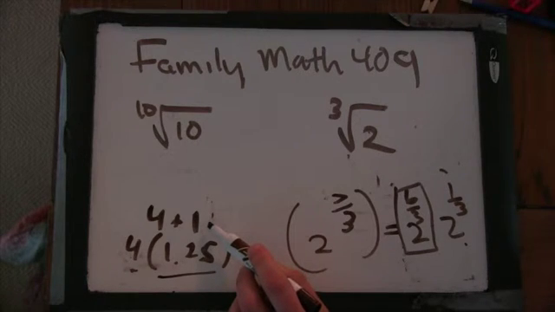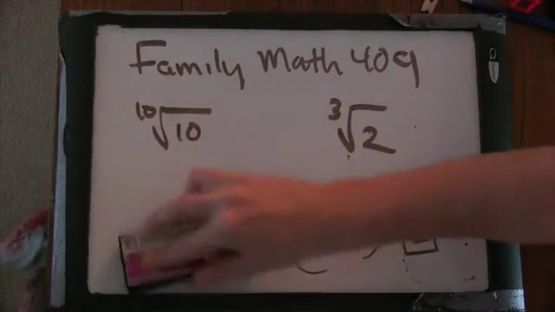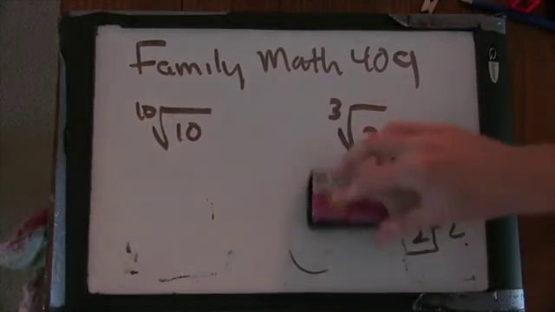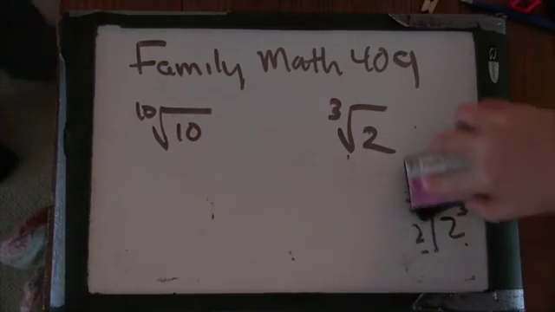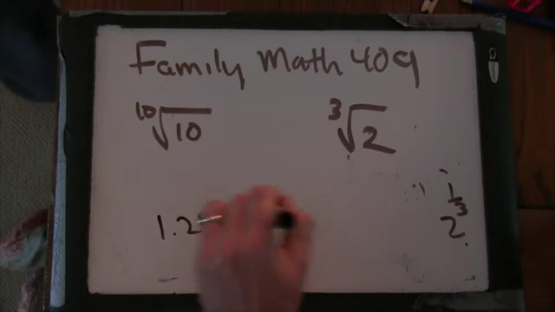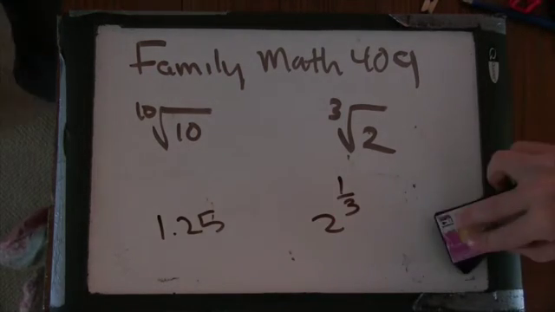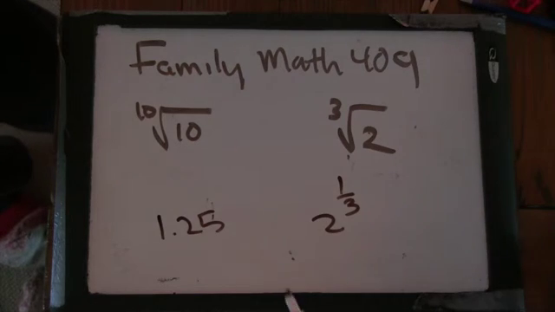He converted the addition, that it was just plus 1 more, into a multiplication problem. You've got to multiply by 1.25. Oh, but now we know that 2 to the 1/3 is less than 1.4. So we have 1.25 and 2 to the 1/3 that we want to compare. How could we do this comparison?